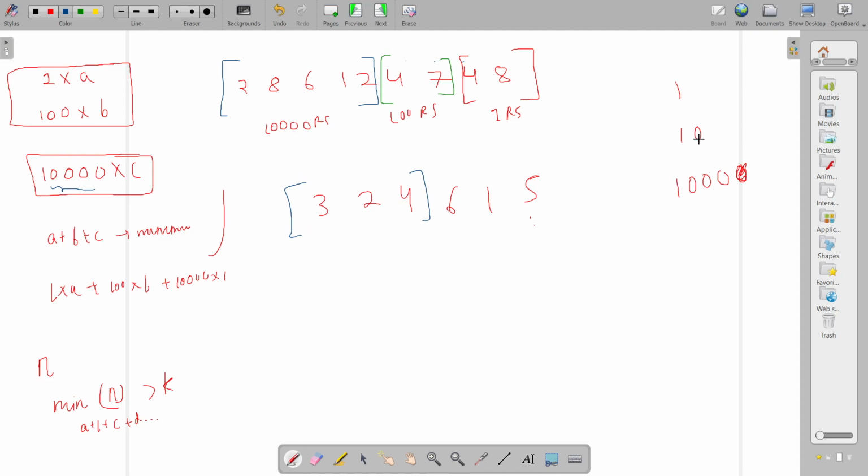Then go to the next segment, skip one decimal place because there is one 0, and take this portion, and then this. So this is 324 plus 61 plus 5, which is the minimum number of nodes that you need. Okay, so we will use this concept of making partitions to solve our problem.